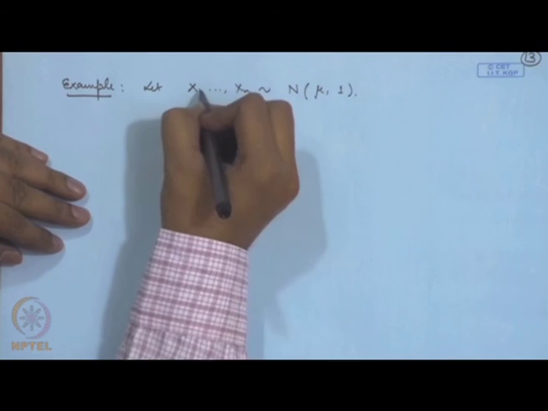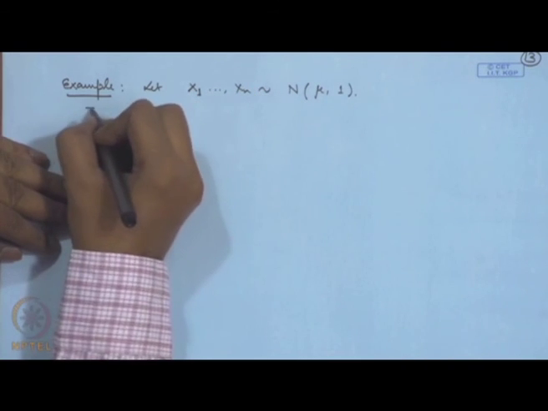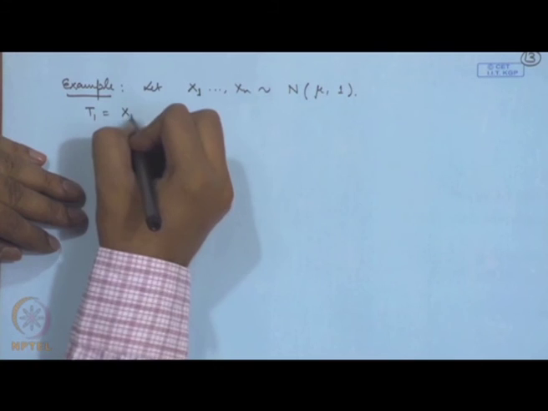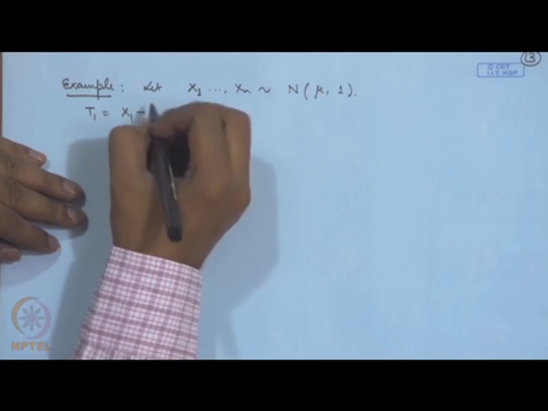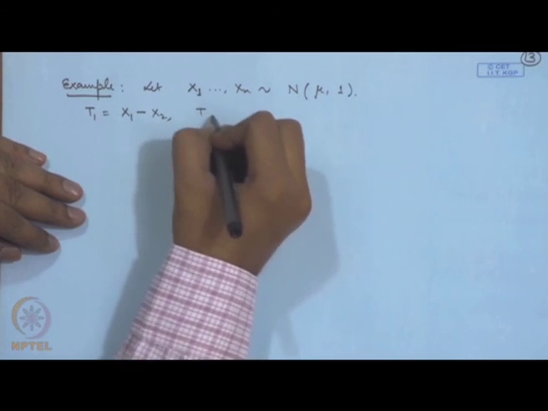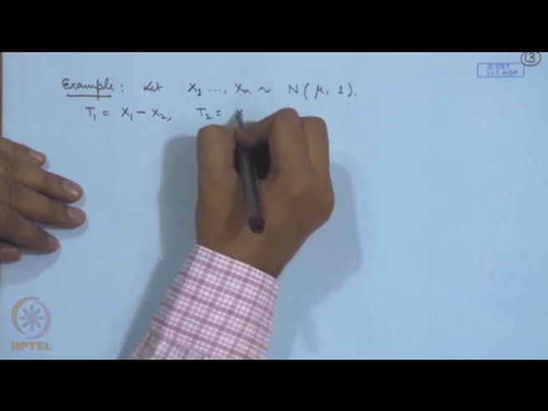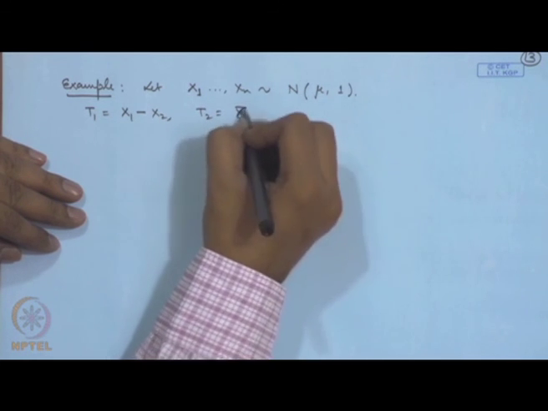Let us consider T1 equal to X1 minus X2, and T2 equal to X bar, or sigma Xi.